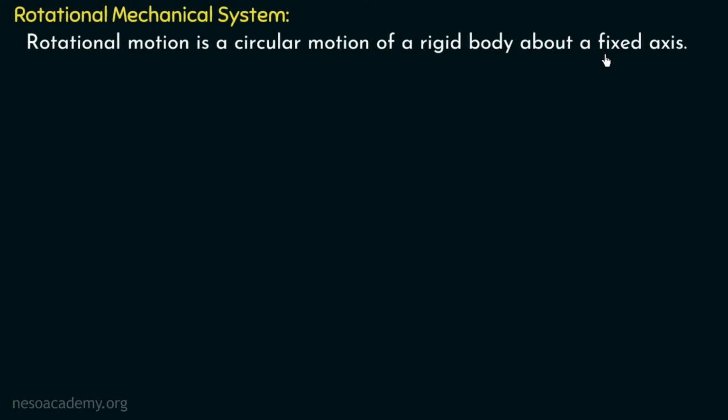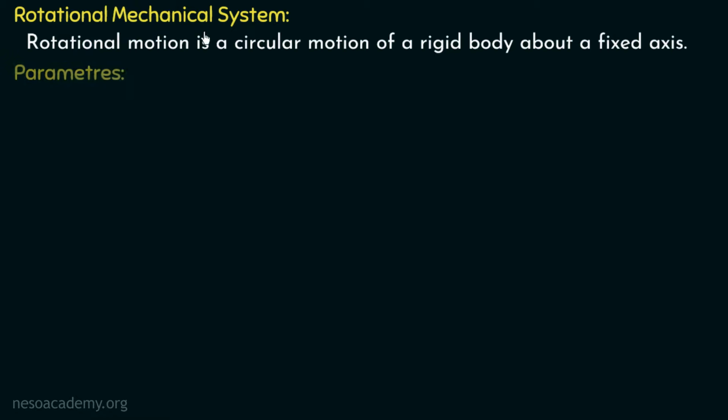So we can say that if a rigid body is experiencing a circular motion about a fixed axis, then in that case it is a rotational motion. And we can say that the mechanical systems which experience rotational motion are called the rotational mechanical systems.